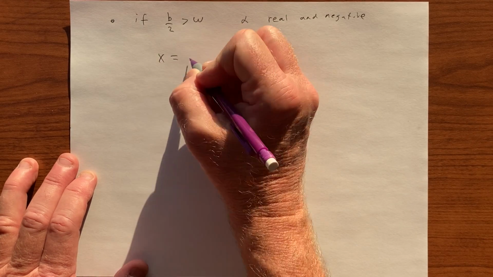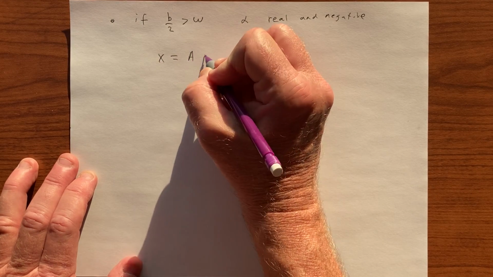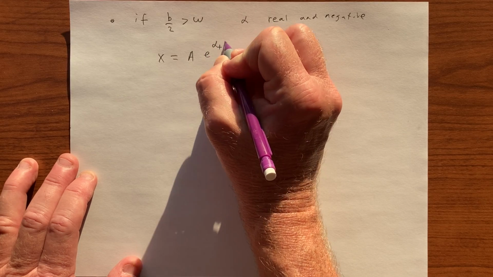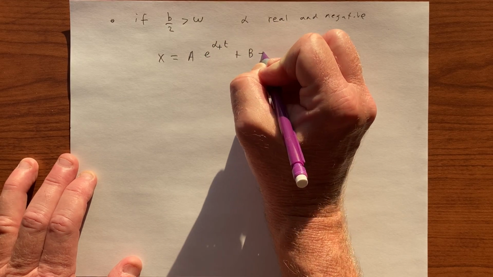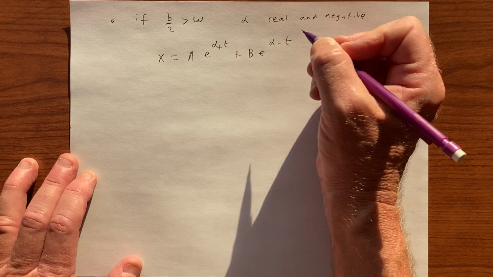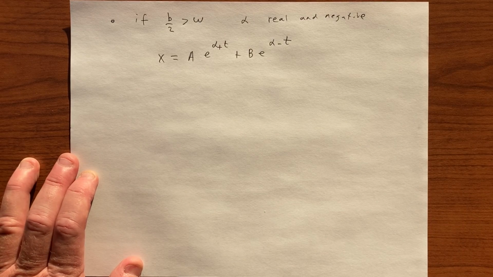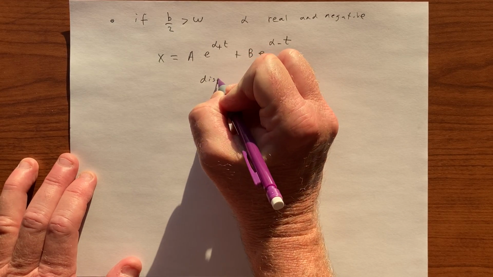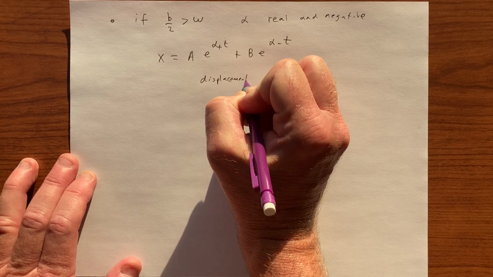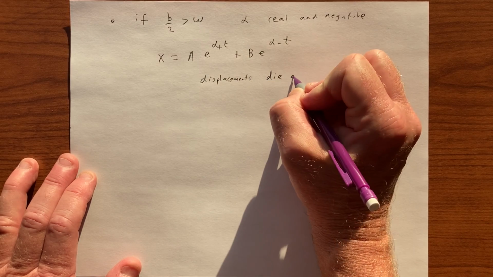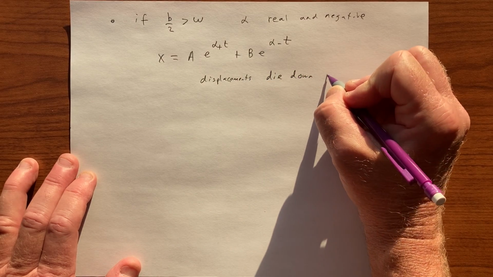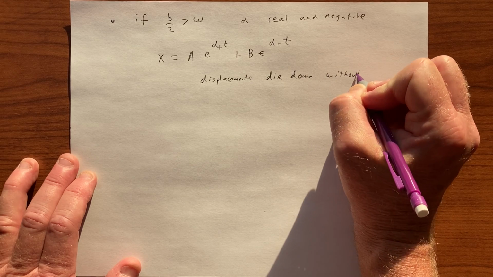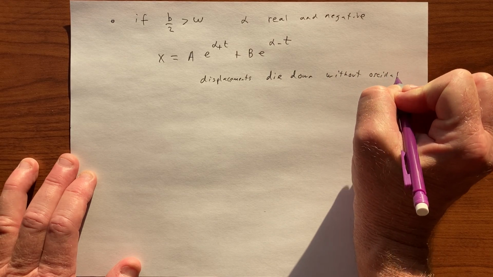So x looks like some a e to the alpha plus t plus b e to the alpha minus t. And so displacements for the spring, in this case, just die down without oscillation.